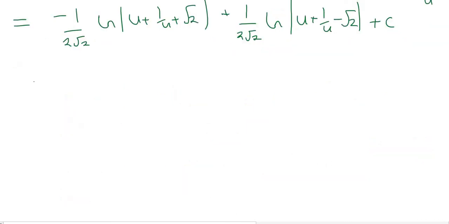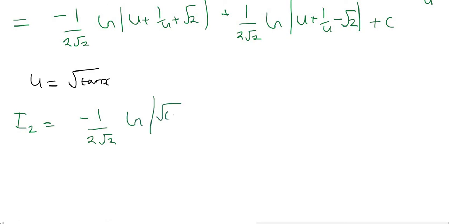Okay, and what was u? u was just the square root of tan x. Now we're going back to the very start for that. So we get I2 equals minus 1 over 2 root 2, natural log of square root of tan x plus 1 over the square root of tan x plus square root of 2.